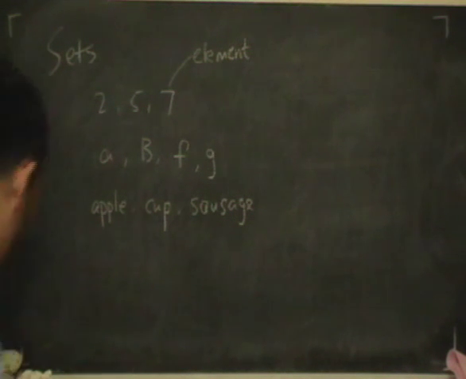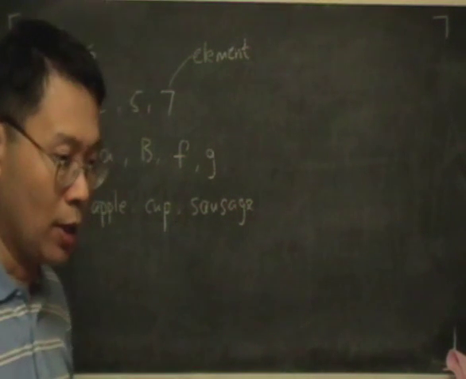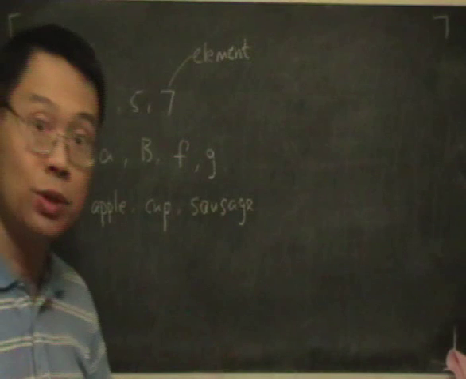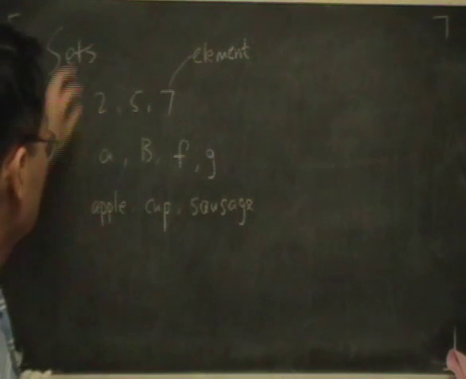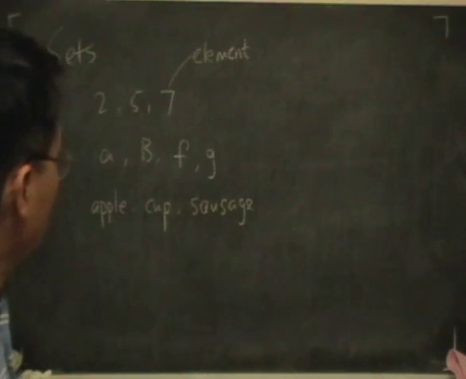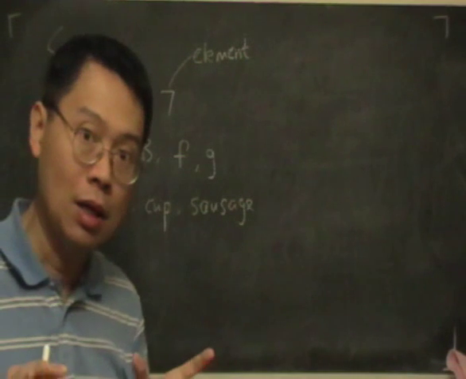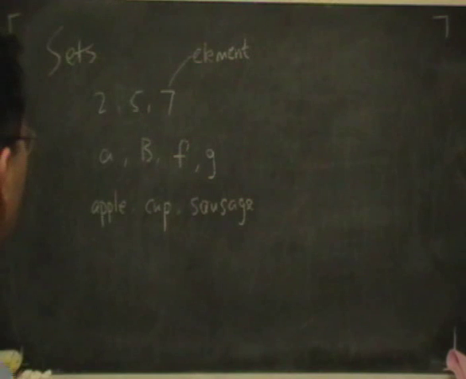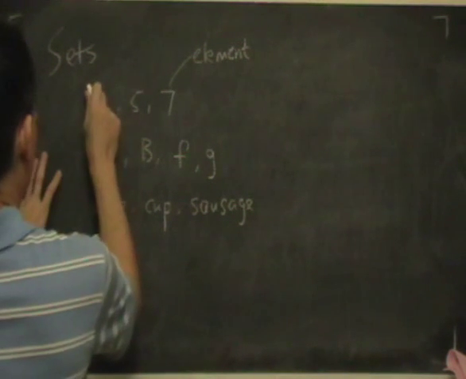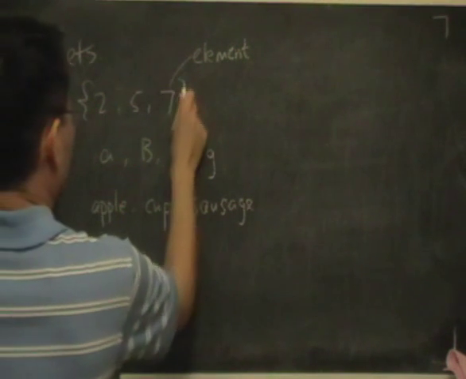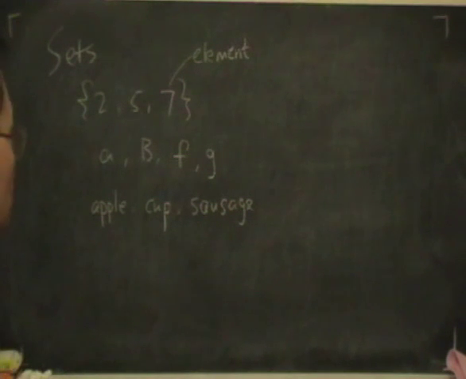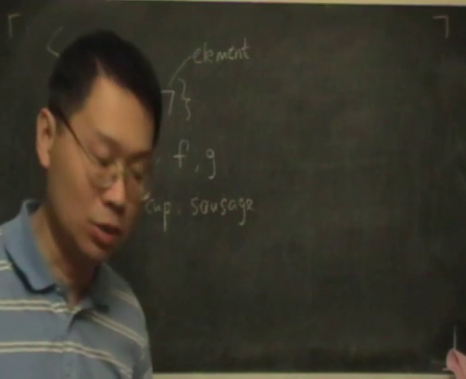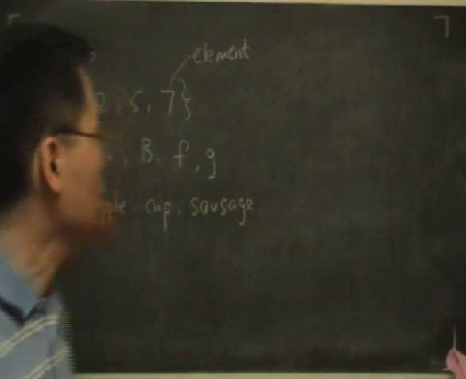And we would often represent that a few of these elements belong within a set by using curly brackets like that. So these are called curly brackets, or you can call them braces.